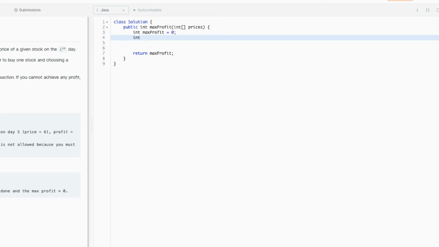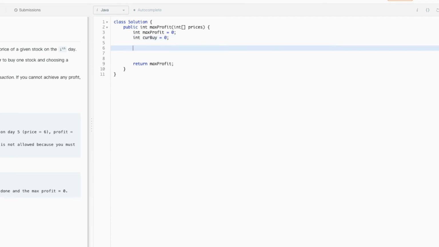So we'll say curBuy to point to the index, or the day, on which we buy the stock. Initially let's keep it at 0, and then we'll iterate through the prices. Well, we'll start with i equal to 1 because you want to start from the next day, while i is less than the length of the prices array.